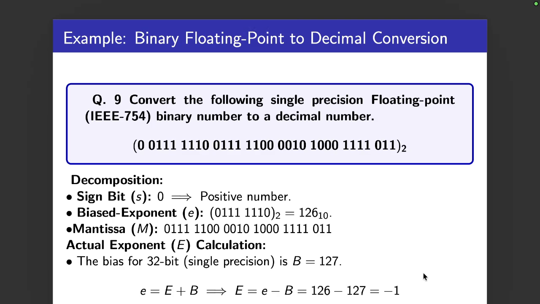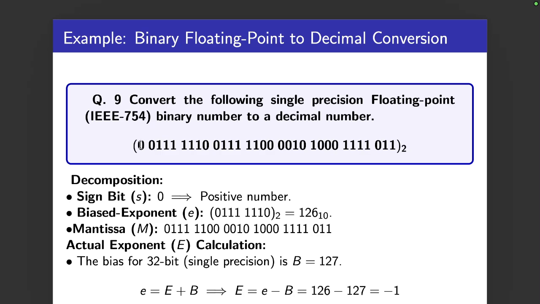Next question, binary floating point to decimal conversion. Convert the following single precision floating point binary number to a decimal number. This is the 32-bit single precision floating point, IEEE 754.